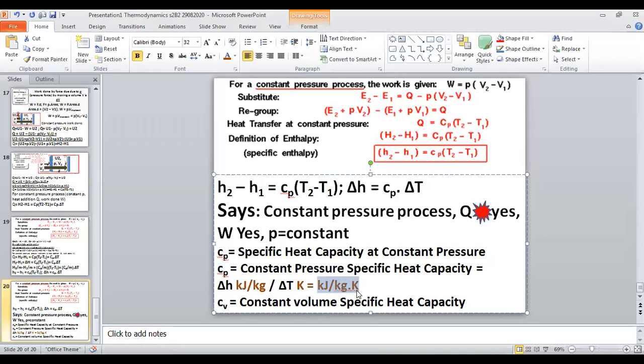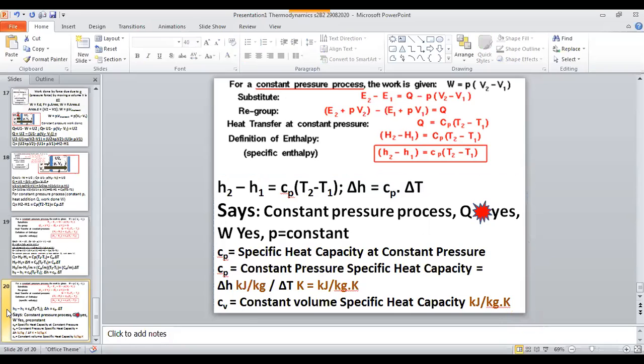And here also it is kilojoule per kilogram per Kelvin unit. Later I will develop the expression for Cv. But Cp is based on delta H, okay?